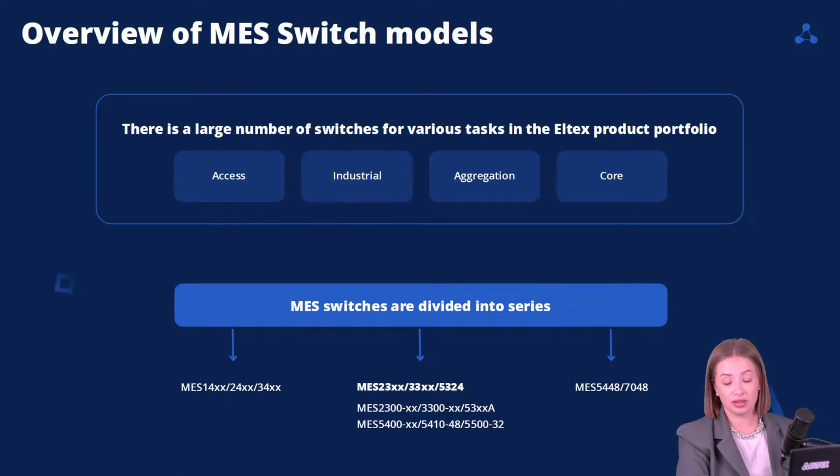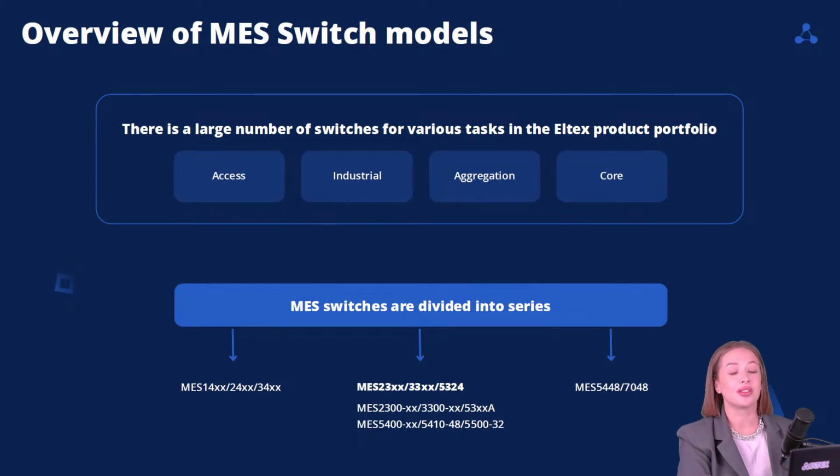To begin with, LTAC's Ethernet switches provide a wide range of products suitable for creating networks with varying levels of complexity. This includes access switches, industrial switches, aggregation, and of course, core switches.